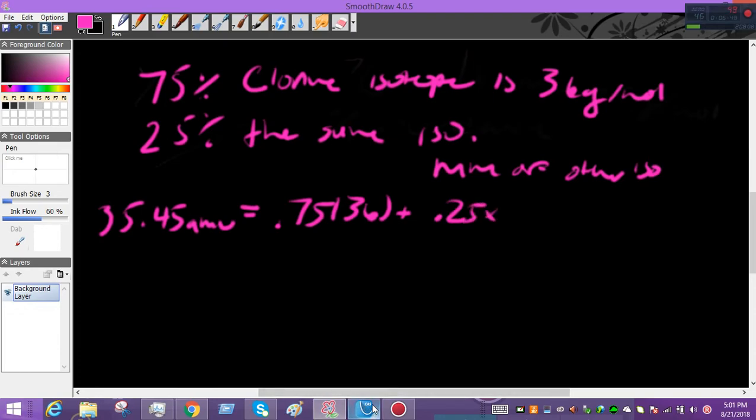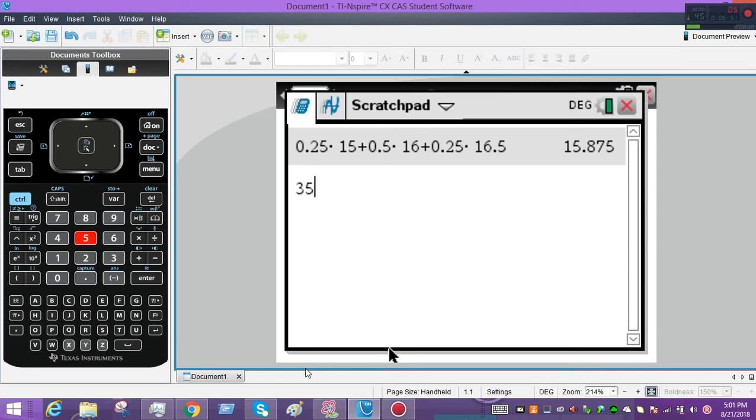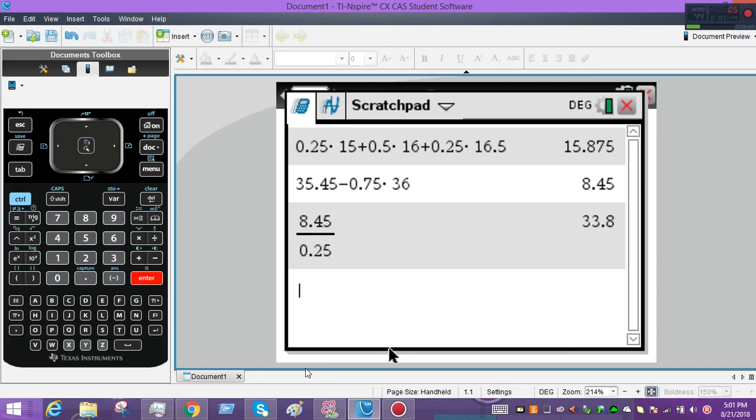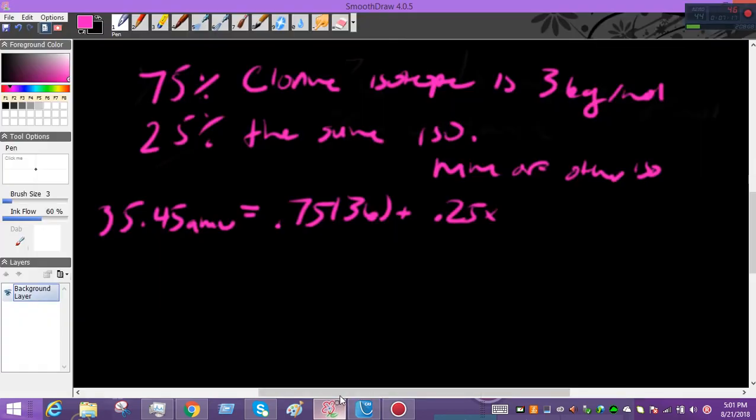So we would do 35.45 minus 0.75 times 36, in parentheses, and we divide that by 0.25. We get that the remaining isotope has an atomic mass of 33.8 grams per mole.